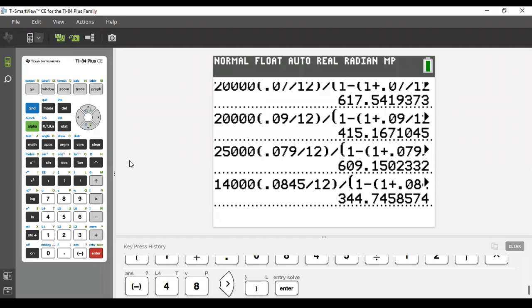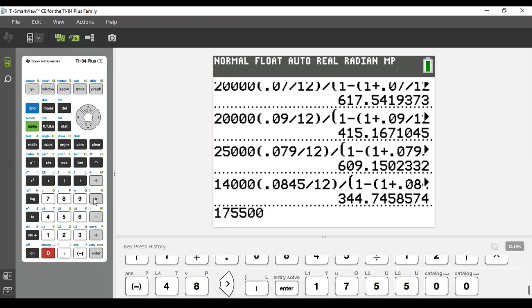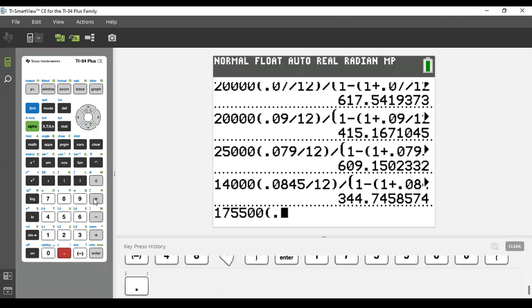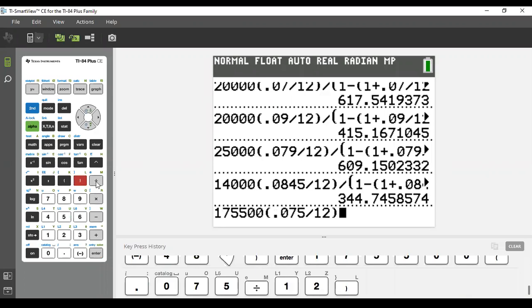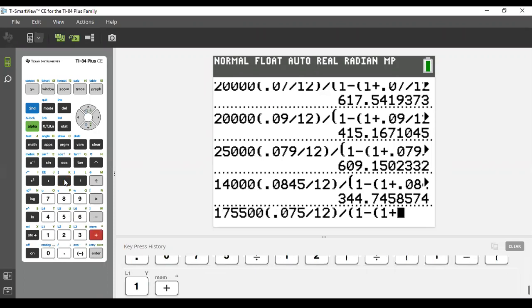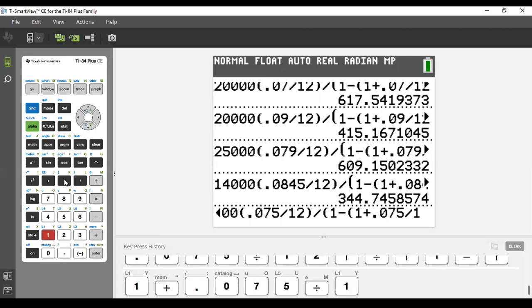Okay, so we had 175,500 times 0.075 over 12. All of that is dividing by bracket 1 minus parentheses 1 plus 0.075 over 12. Close my parentheses.